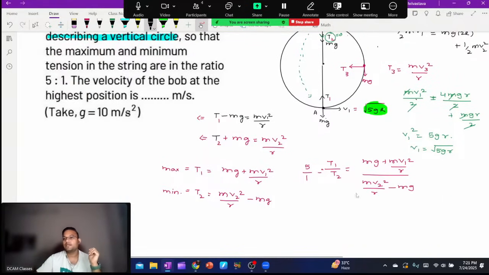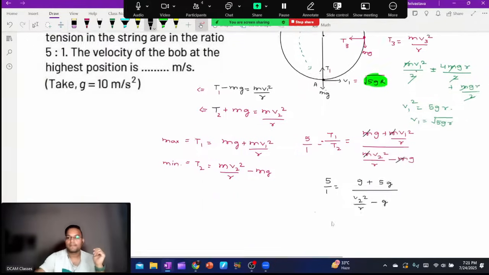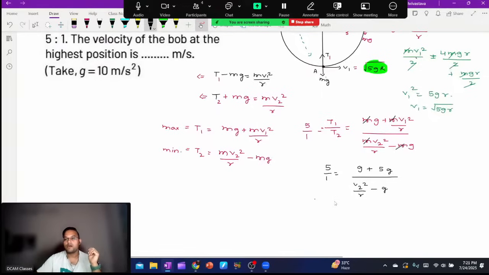Now if you put this value, you will get the answer. The m gets cancelled. g plus 5g by 2 square by r minus g. So 6g by 5 plus g is equal to v square by r.